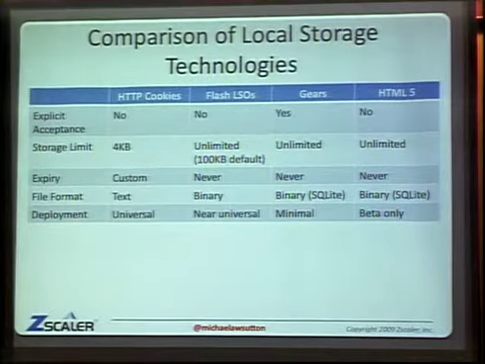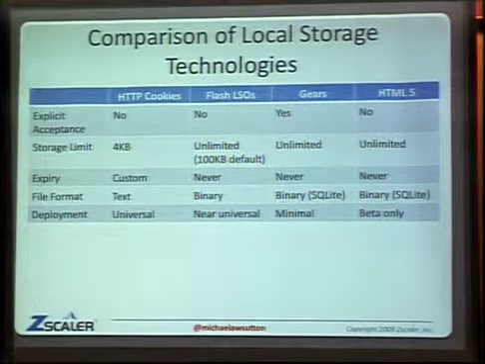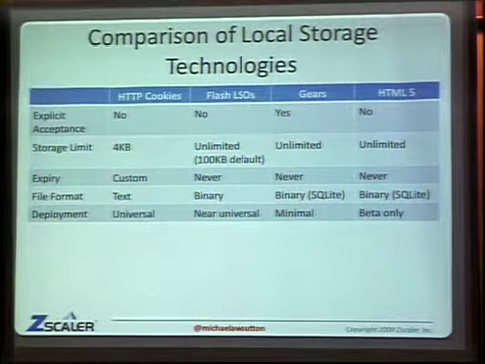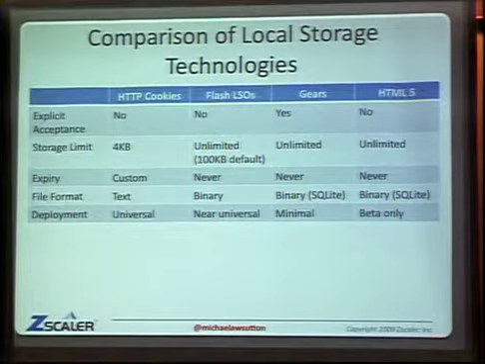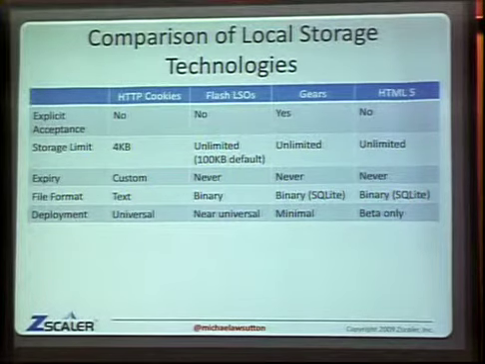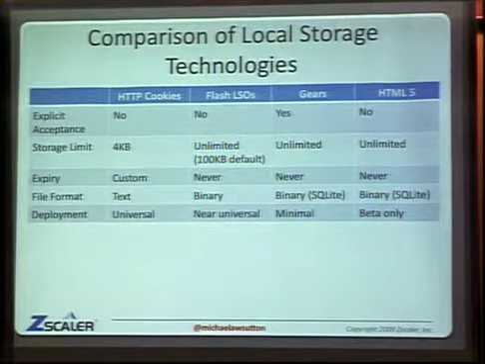Just to compare all those different storage technologies, cookies, hey, we've had them forever. The beauty of them is that they're universal, so if we want to use that as a storage mechanism, everyone has them. Real limited though, 4K of data typically. I can only store text in there. Flash local shared objects, just to review that. It is pretty much universal, thanks to YouTube. Everybody runs Flash.